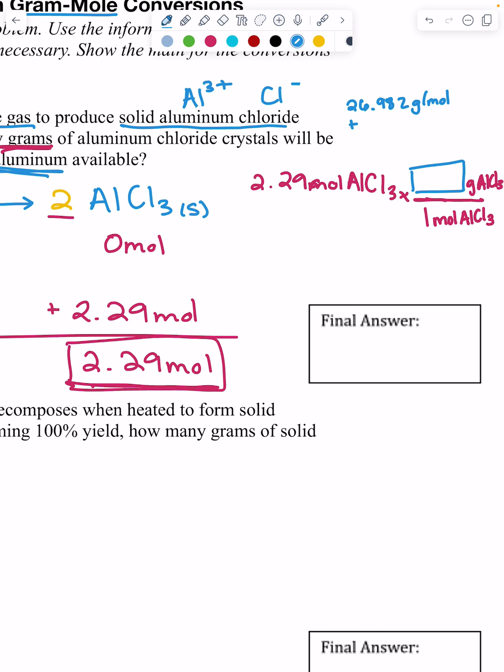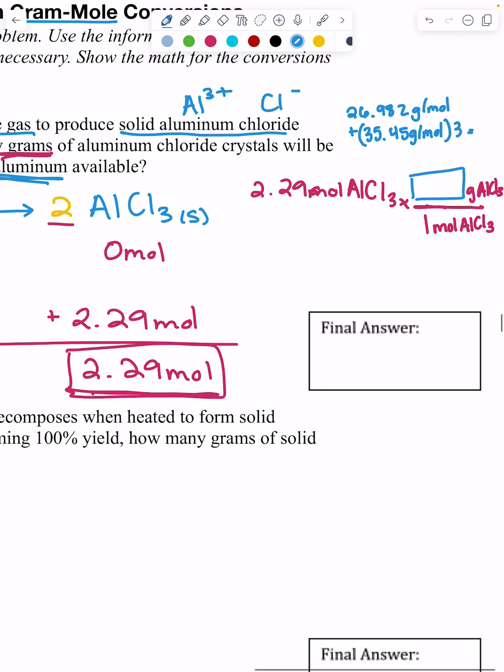But since there's 3 of them, I need to multiply this molar mass by 3. To get a final molar mass of 133.33 grams per mole.